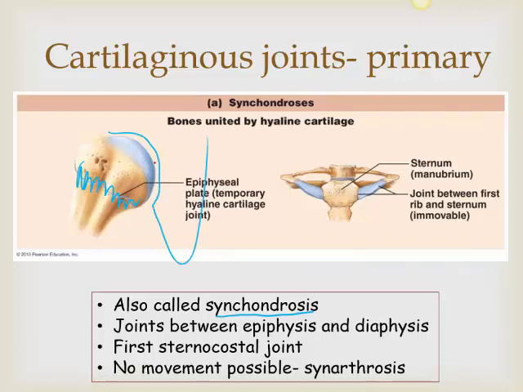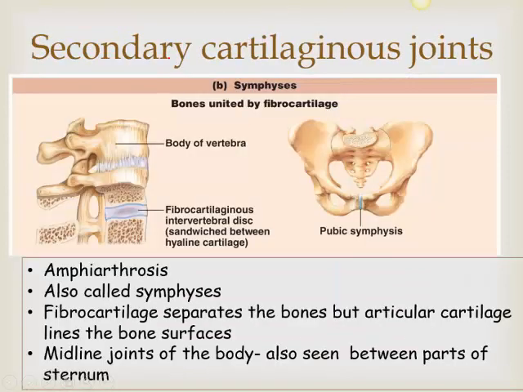And so articular cartilage is lining this head of the humerus. It will also line this glenoid cavity of the scapula so that the two bones don't rub. It's not bone rubbing against bone, but this soft cartilage which is allowing movement and rubbing against each other. So similarly up here in a secondary cartilaginous joint, because some movement is allowed, you have two bones.